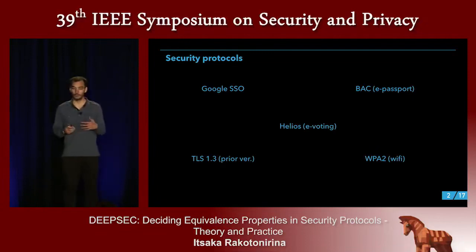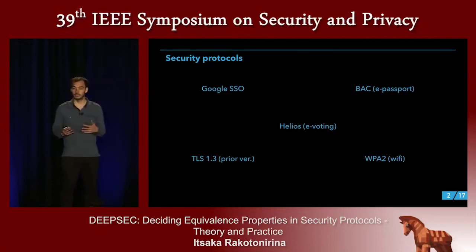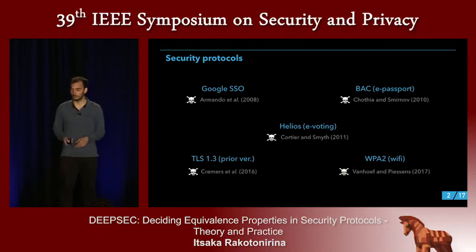Of course, the goal is to do that with crypto and to ensure that no sensitive information is leaked to unauthorized parties. But it's not as simple as that in practice because, as you can see, there are a lot of attacks that are found quite often, and you have somehow a security problem with these protocols.